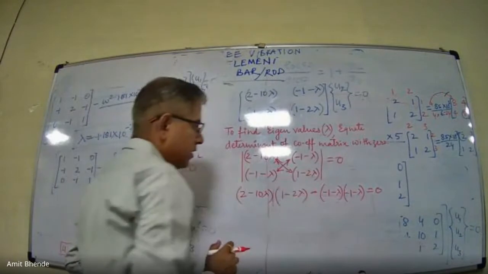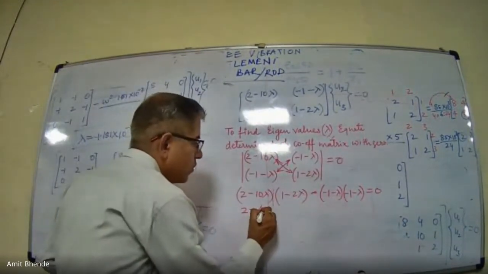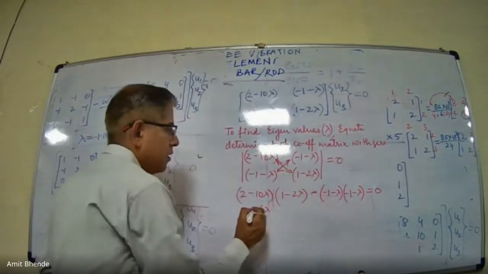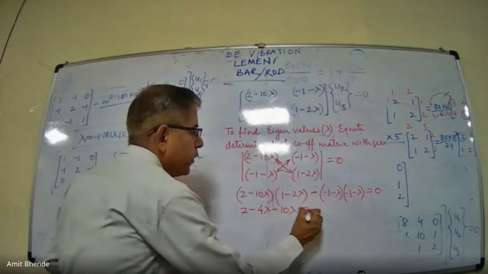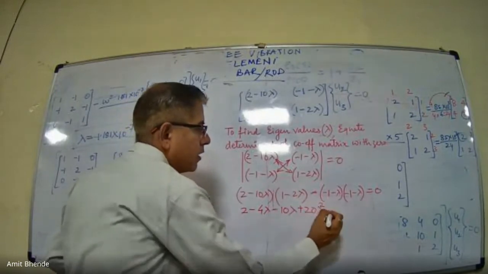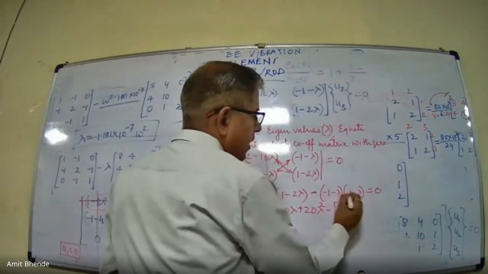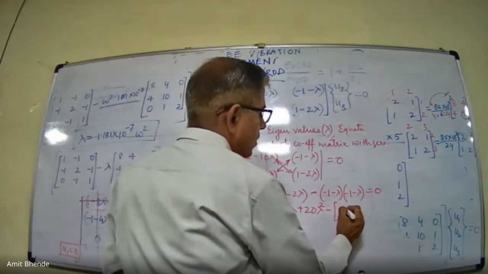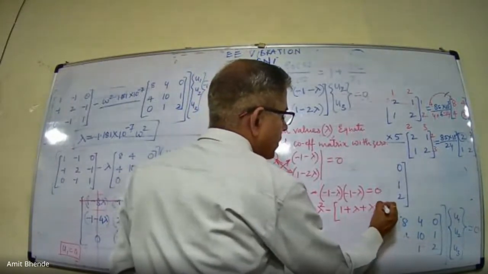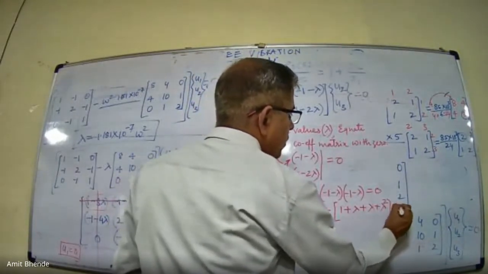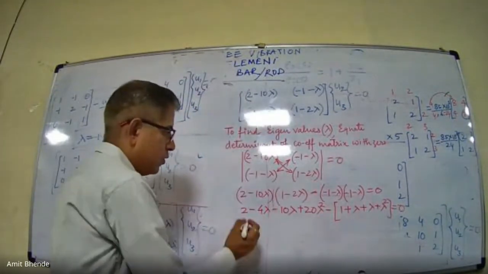Now expand this equation. So this becomes 2 minus 4 lambda minus 10 lambda plus 20 lambda square, minus (1 plus lambda plus lambda plus lambda square) is equal to 0. Now open this bracket.